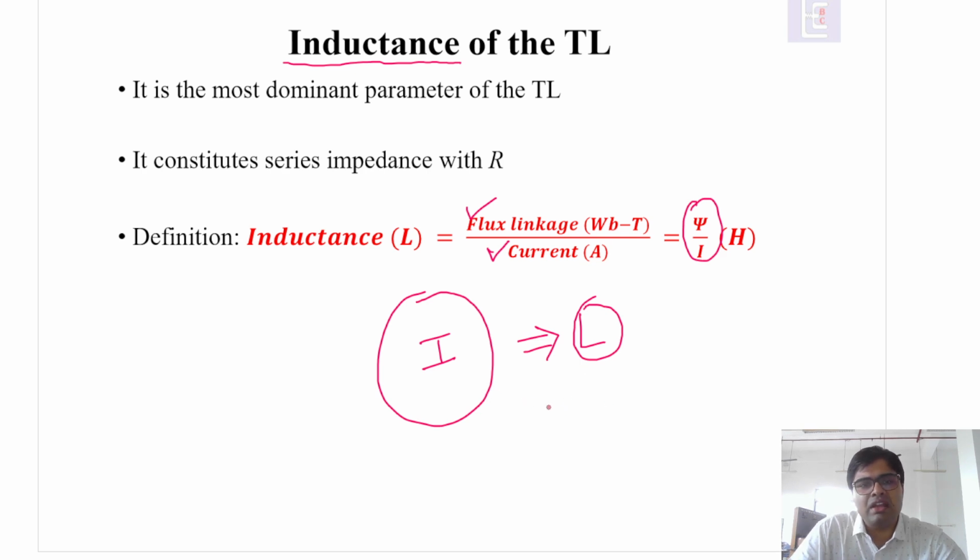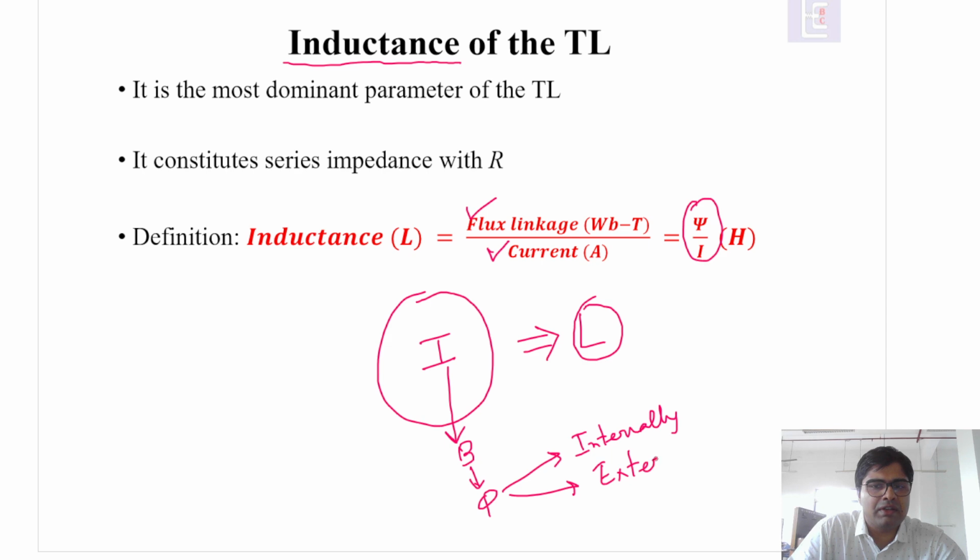Now, as the current is flowing, it will produce a magnetic field that will create a flux. That flux will link with this current internally as well as externally. That means any internal flux will surely link with this current. However, the external flux will also link with that current.